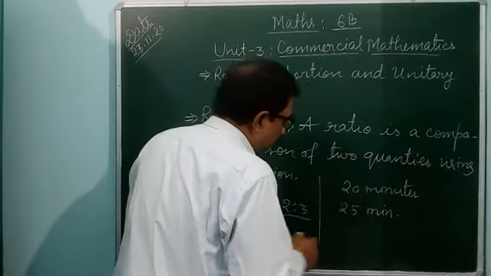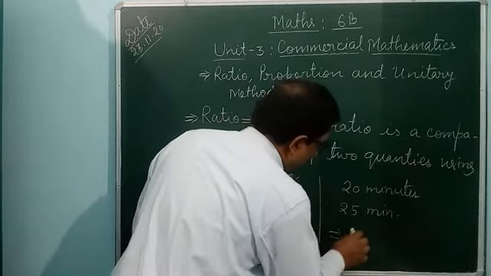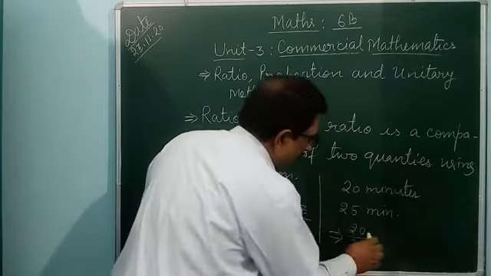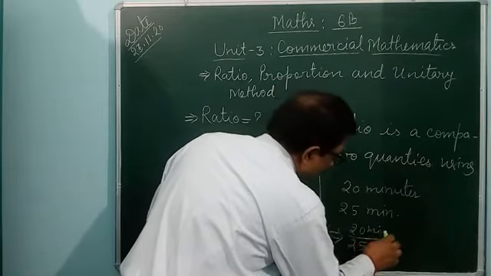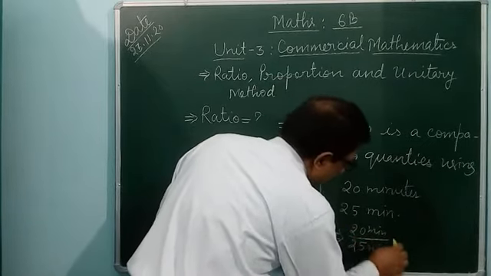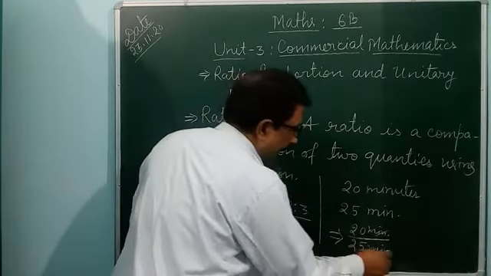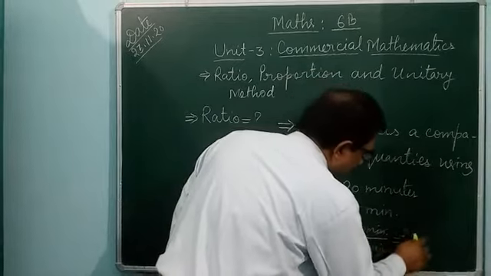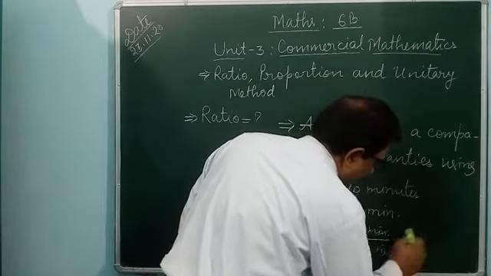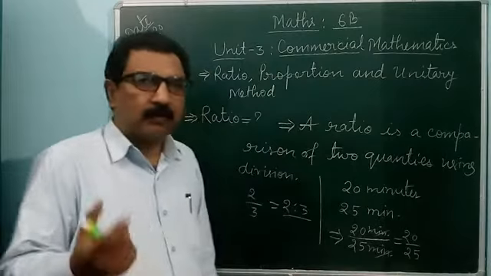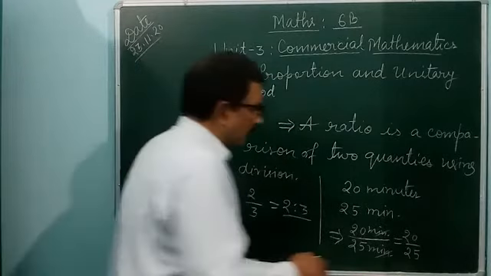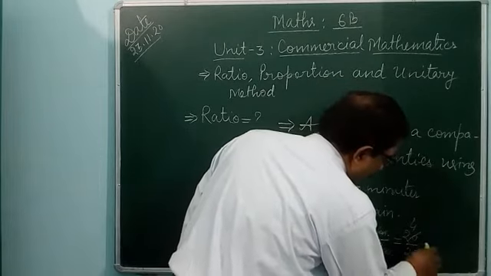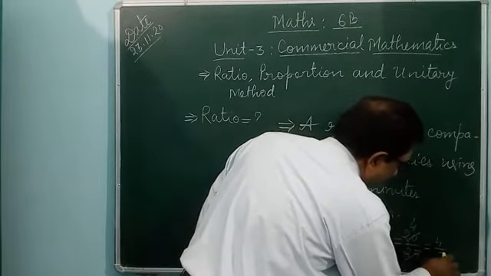So you can do it like that: 20 upon 25. Here also minute, here also minute. So minute to minute cancel, and you can write 20 by 25, and convert it into the lowest form. 5 fours are 20 and 5 fives are 25, means 4 by 5.